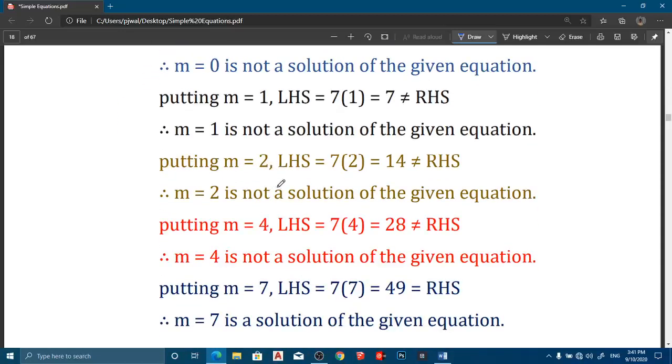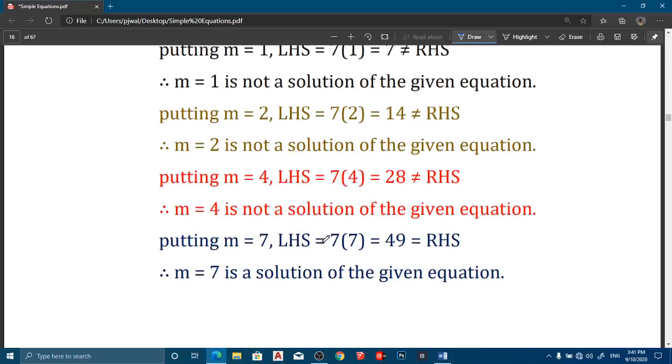I have skipped 3 here, and also skipped 5 and 6. Then the LHS is 7 into 7, which is equal to 49, the RHS. Therefore, m is equal to 7 is a solution of the given equation. But we have to write all the steps; I have skipped 2-3 steps here.